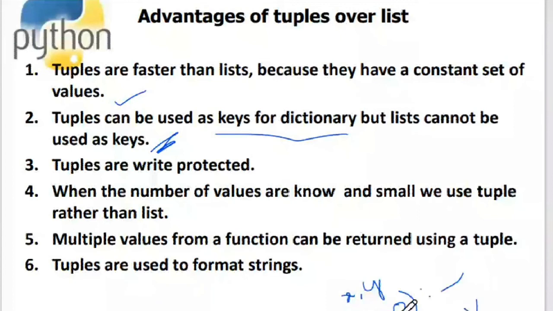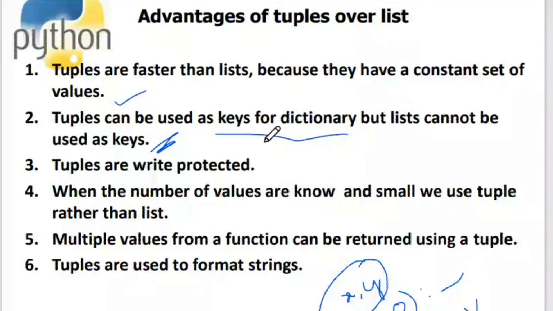It can be the XY coordinates, but you cannot represent lists as the keys in dictionaries. So this is another advantage. Is it clear? Yes, ma'am. Yes.